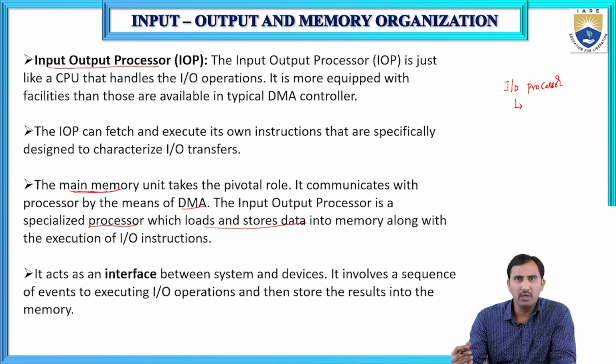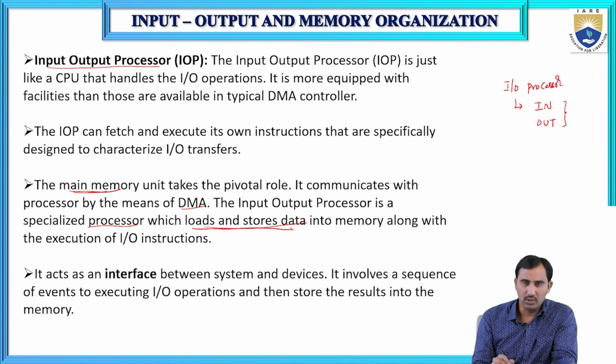If you want to read the data from the input device, we use the instruction called in. And if you want to transfer the data to the output device, we use an instruction called out. These are the two instructions used to load and store the data.